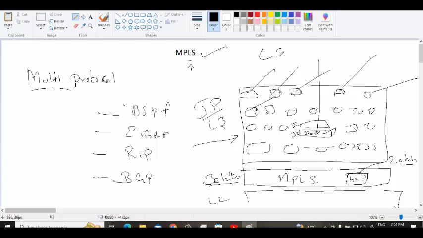You can see this by typing the command show mpls forwarding table. I'll show you when I do the lab.